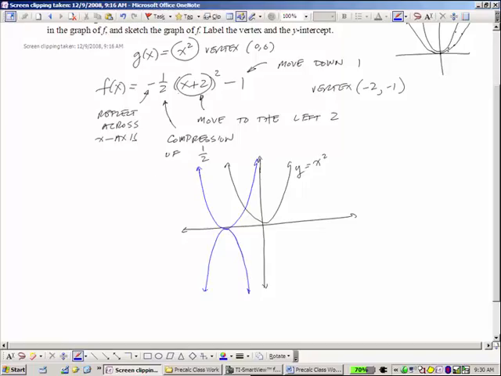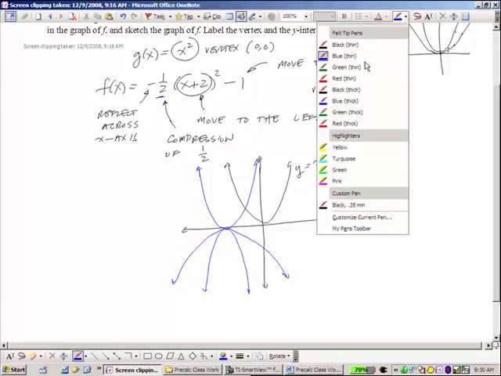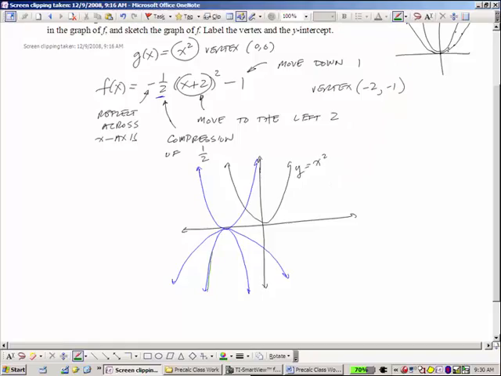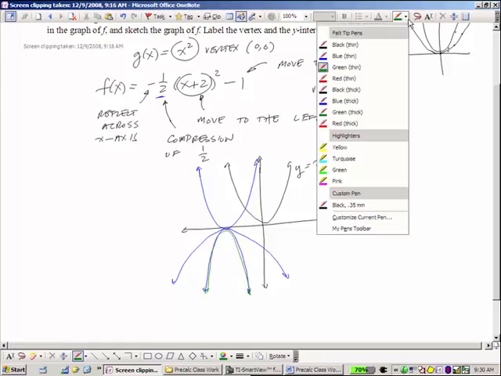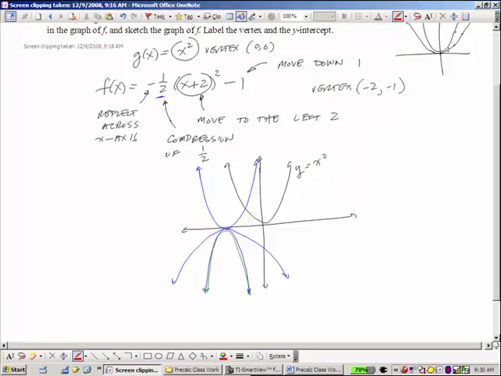And after I flip, I also need to compress. So that's going to flatten it. I should have done different colors for those. That's just bad. All right, so there's the flip. And then the red is the compression.